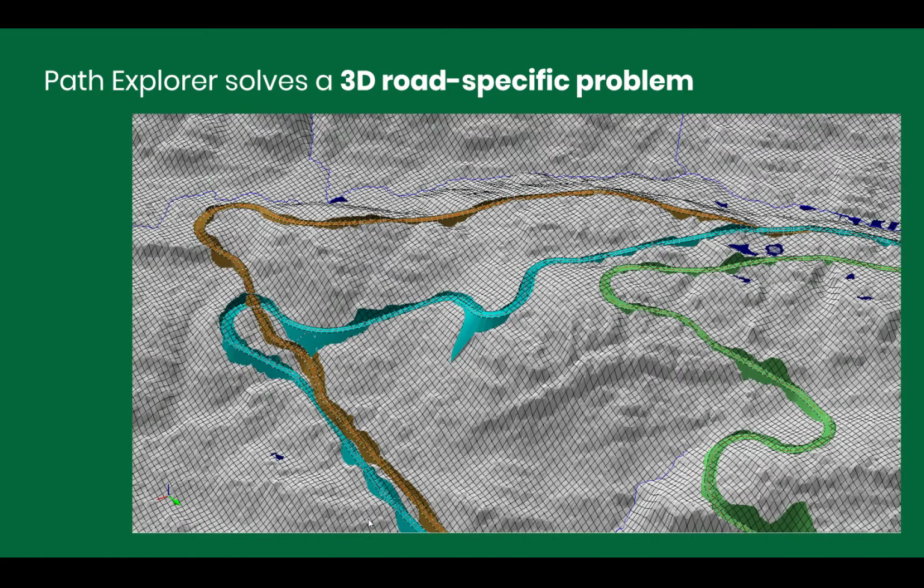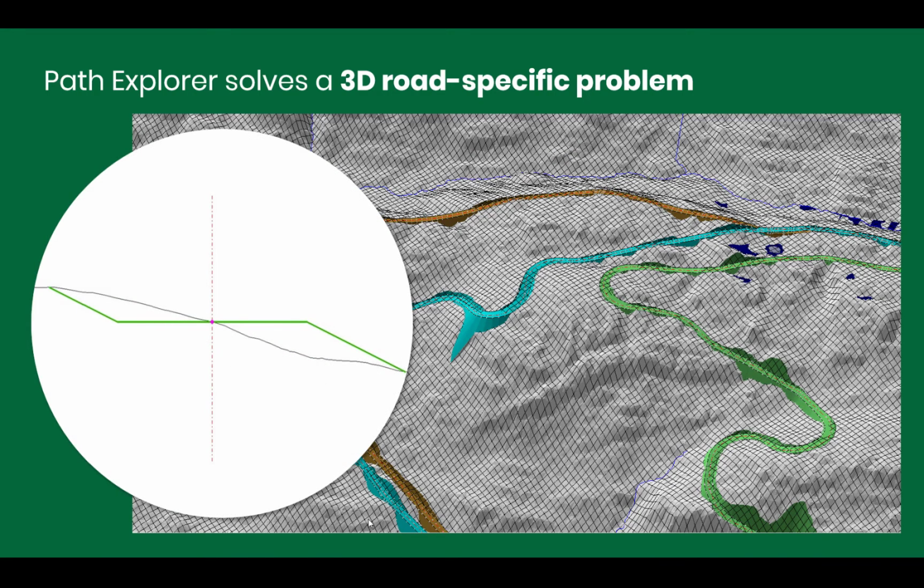So Path Explorer, although it looks like it is creating a line on the map, it's not. It's doing a very robust 3D problem that's road specific. As you can see here in the picture, Path Explorer is solving full three-dimensional road design, but using a simplified cross-section.